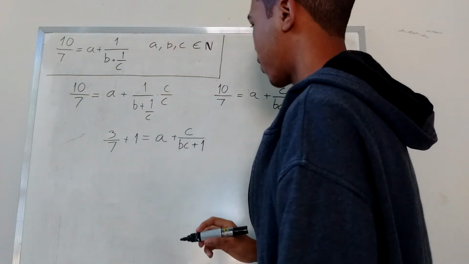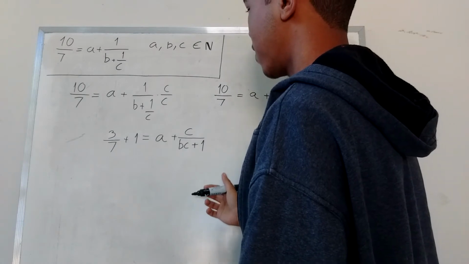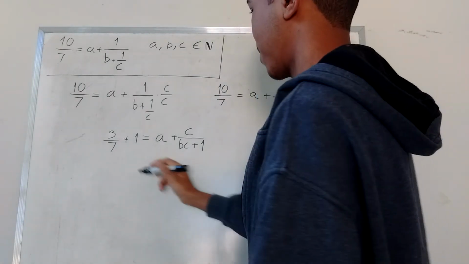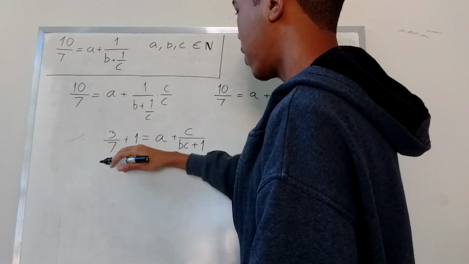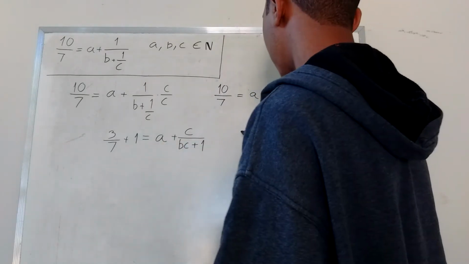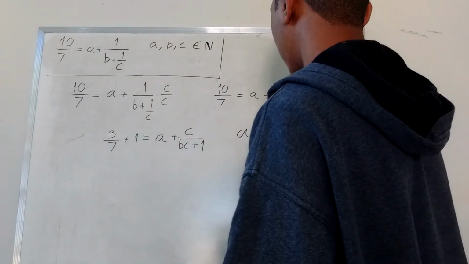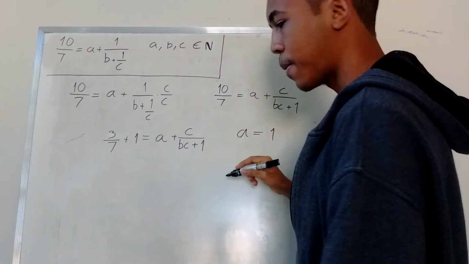Okay, so it's kind of evident where everything lines up. We have a fraction plus an integer, and this is a fraction plus an integer. So A, we can basically assume that A is equal to 1.